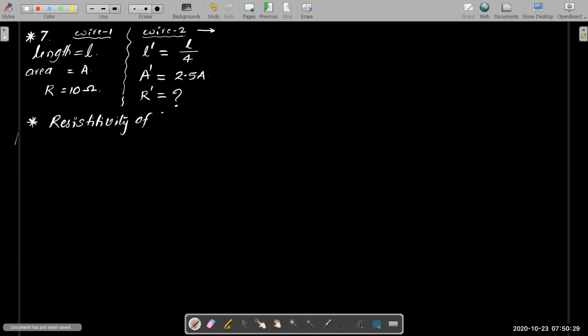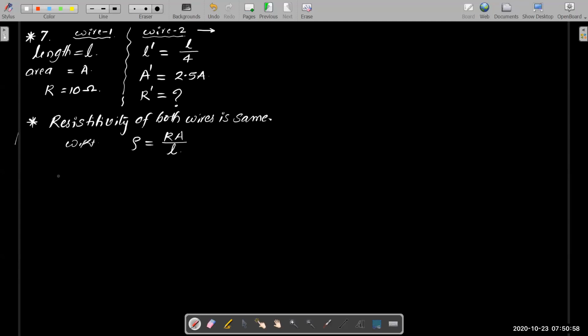So we know one formula related to resistivity. What is the formula? Rho is equal to R into A divided by L. This is the formula we know.